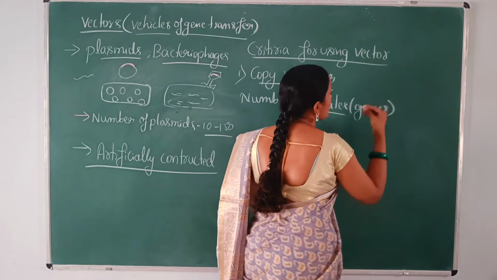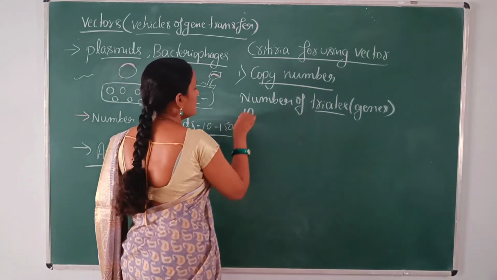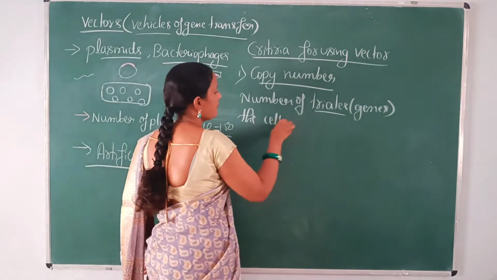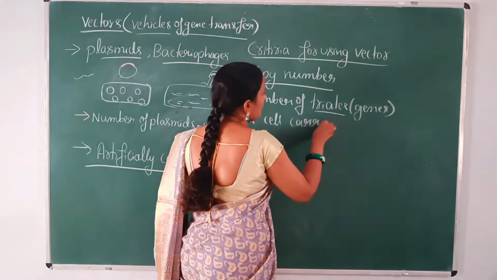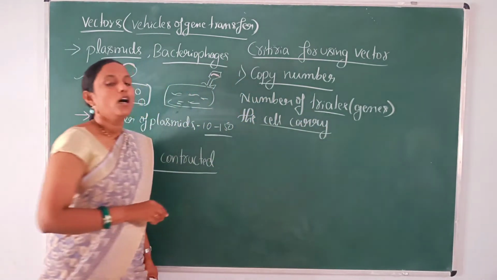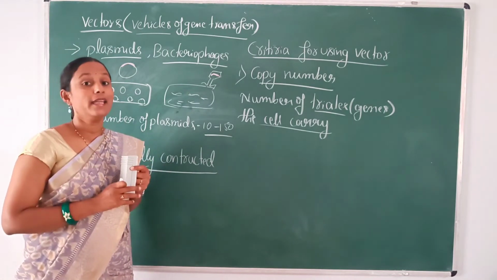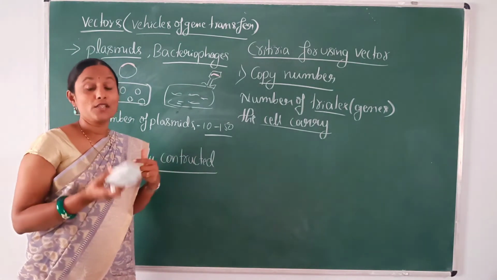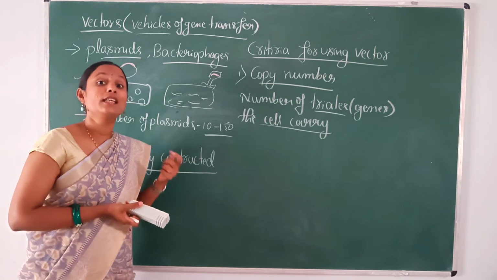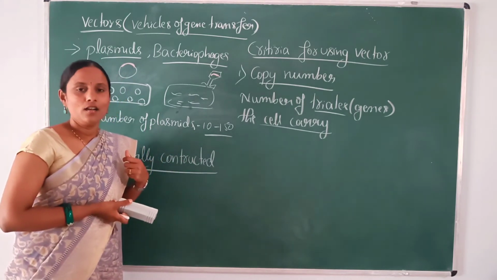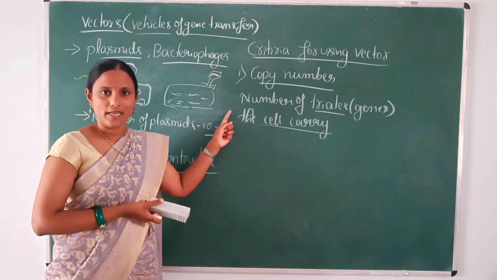Number of genes the cell carry. That means how much number of the DNA can be obtained, or how much number of the target gene can be obtained from a cell. So that is one of the criteria.